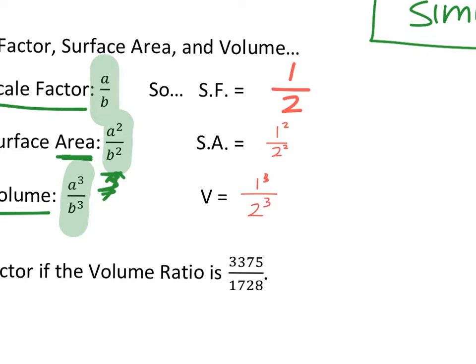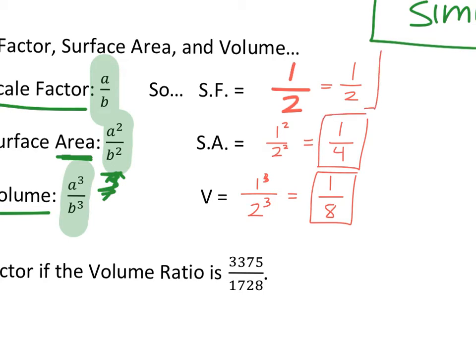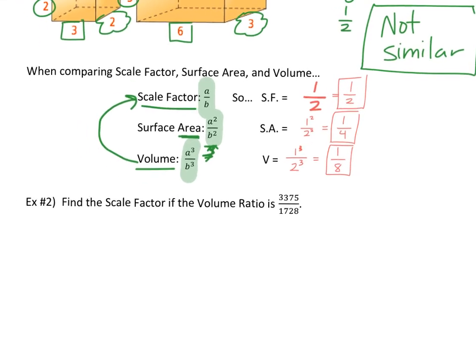Okay, that means my scale factor is 1 to 2, my surface area ratio is 1 to 4, and my volume ratio is 1 to 8. Okay, so that's the relationship between those three every single time.